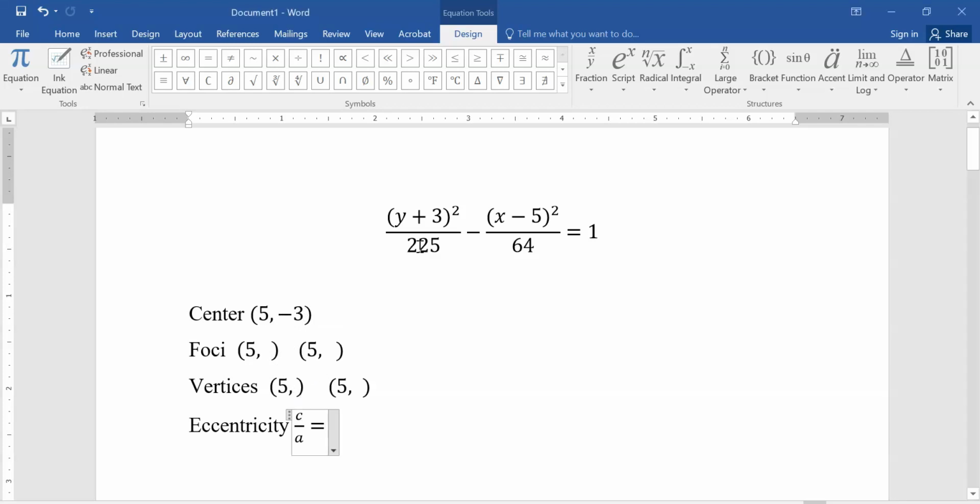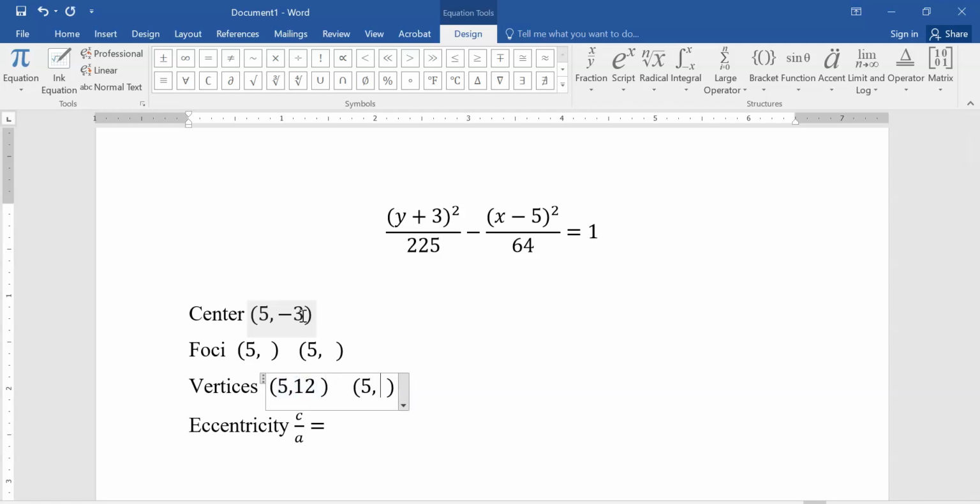Now, you'll notice that the value underneath the y is 225, and therefore we're going to be adding and subtracting 15 to the y value of the center to get our vertices. So minus 3, if I add 15, I get 12.